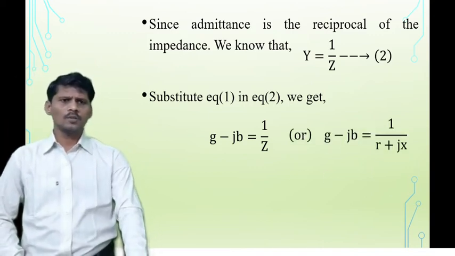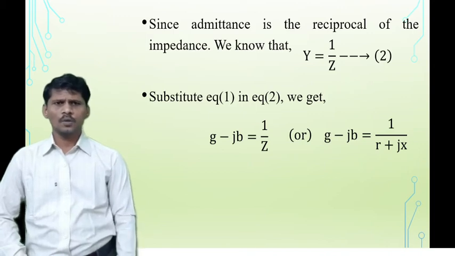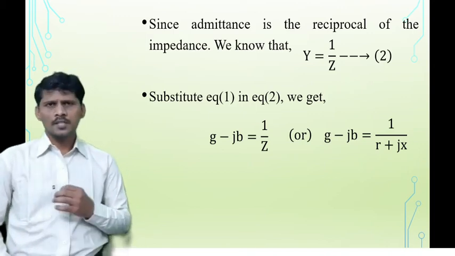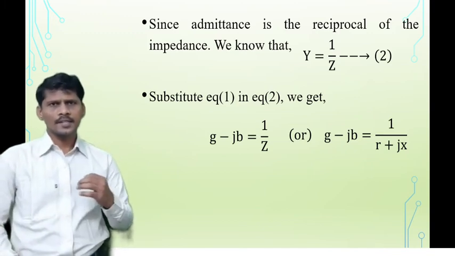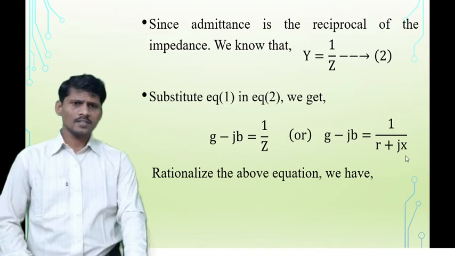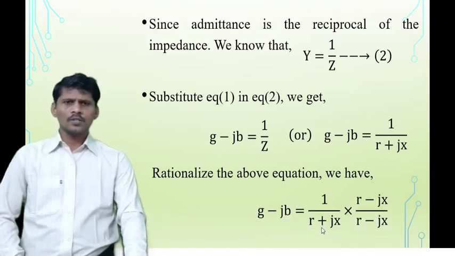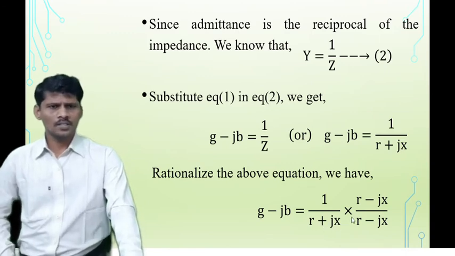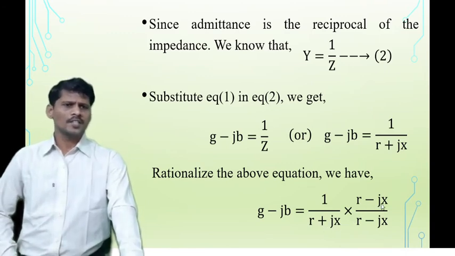Impedance is a complex quantity, the summation of the resistive and reactance components: 1 by R plus jX. So using rationalization, G minus jB is equal to 1 by R plus jX into R minus jX by R minus jX.